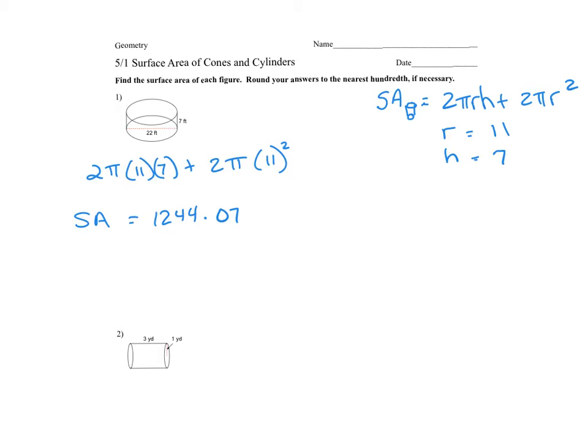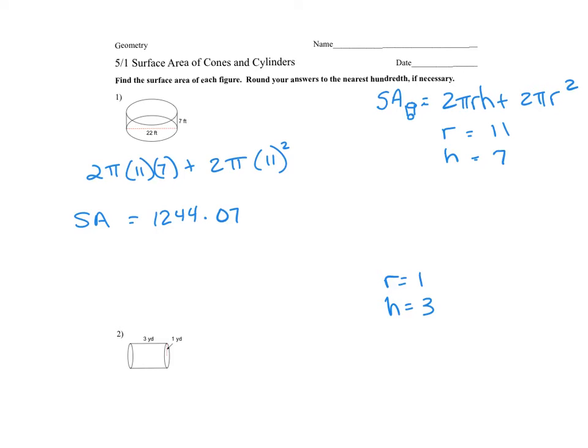Now let's look at the second one. Here, it's laying on its side, but the radius is still the radius of the circle on the top of the can. It's like a can of soup laying on its side. So a big can of soup, because these are yards. So we have the same formula, and we need R, and the radius here is 1. They gave us the radius, and the height is 3.